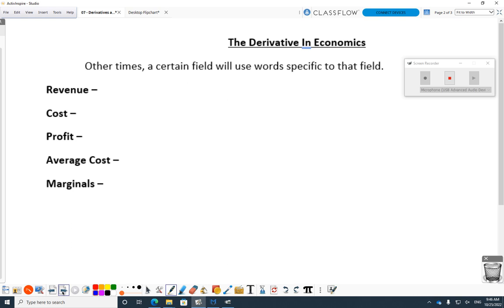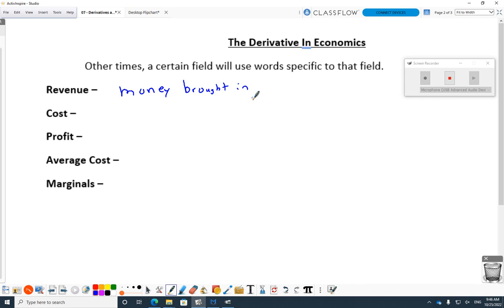Okay? So, revenue. Simply put, this isn't a good enough definition for you economics people. If you're going into economics, you have to do a little bit better. But this is money brought in. This will be good enough for us. Money brought in. And Chloe brought in $80 at her lemonade stand.